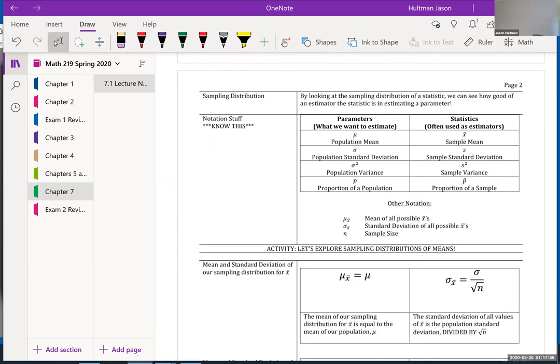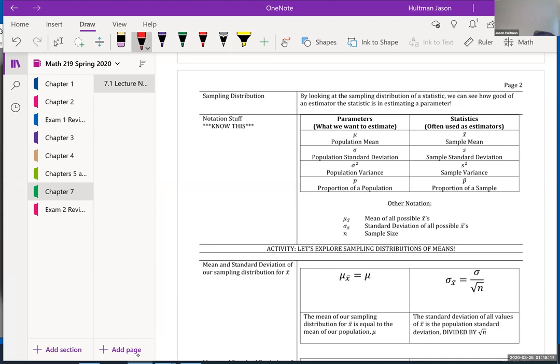By looking at the sampling distribution of a statistic, we can see how good an estimator the statistic is in estimating the parameter. Here are some parameters we have worked with in the past.